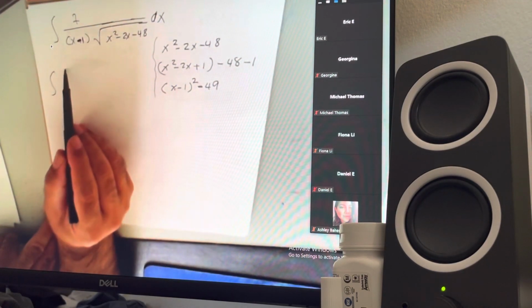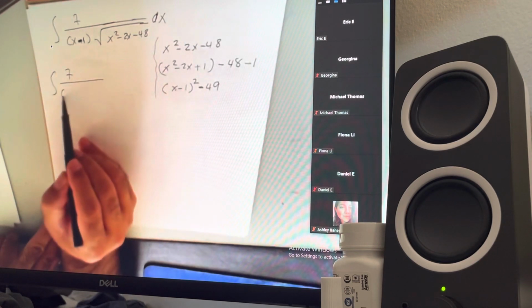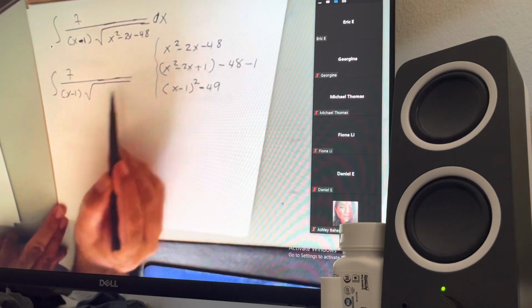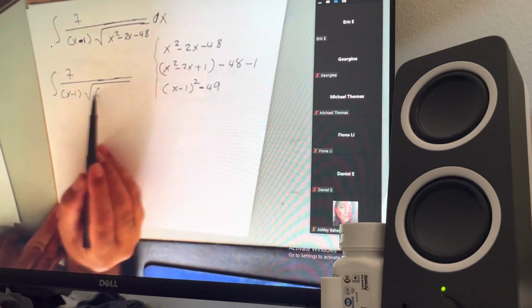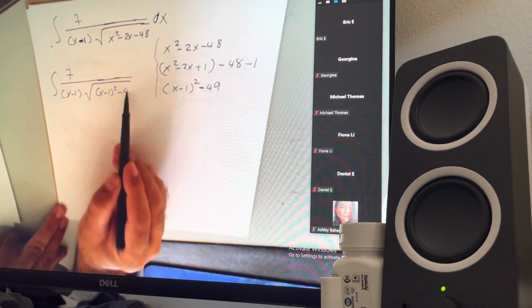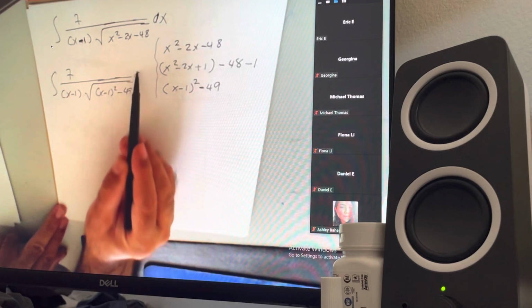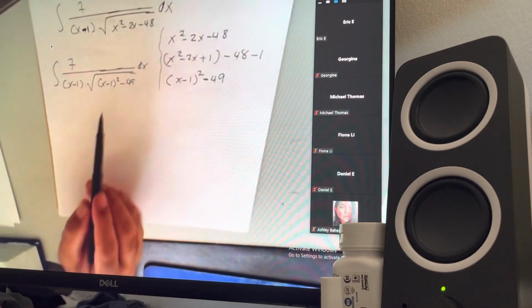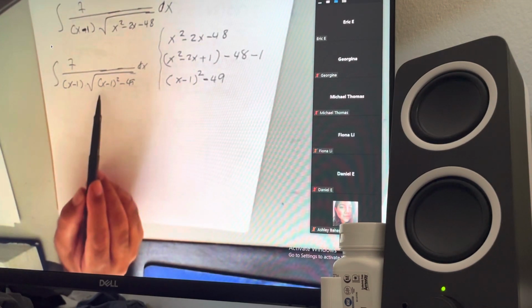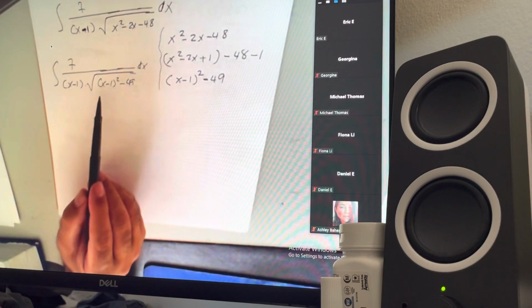So this is the integral of 7 over x minus 1 multiplied by the square root of x minus 1 squared minus 49, times dx. Now, if you look at the formulas, this is the formula for inverse secant.